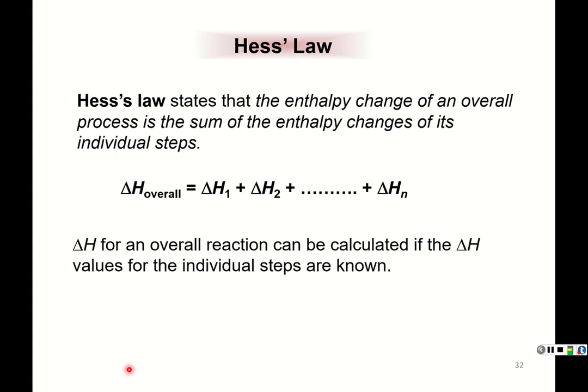But what Hess's law states is that the enthalpy change of an overall process is just going to be the sum of the enthalpy changes of the individual steps. So let's say you have a reaction that you don't know the delta H for, but if you break it down into individual steps and the delta H values are known for those steps, you can just add those up and get the overall.